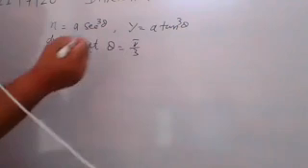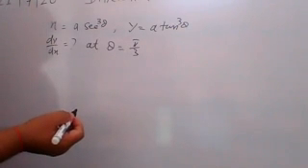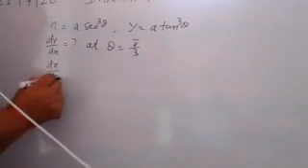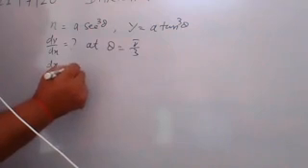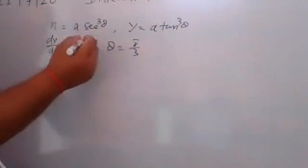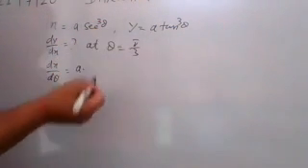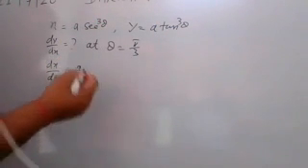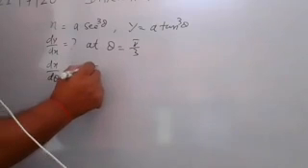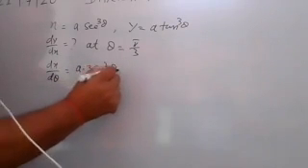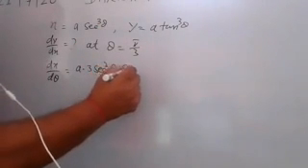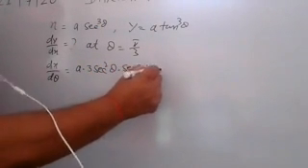First you find the value of dx by d theta and dy by d theta. So dx by d theta is equal to a, and here you have sec cube theta, so first of all you apply the formula for x to the power n. So 3 sec square theta into the differentiation of sec theta, which is sec theta tan theta.